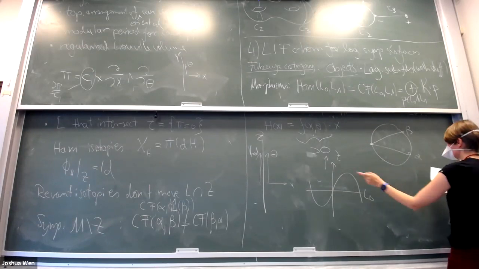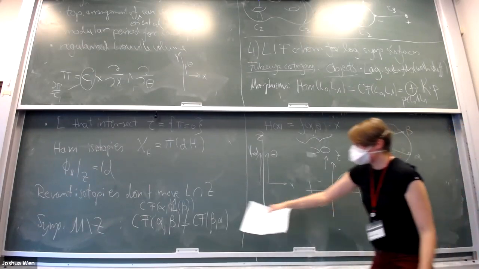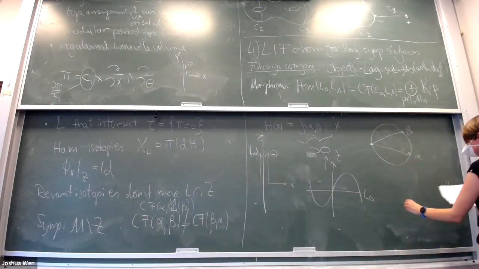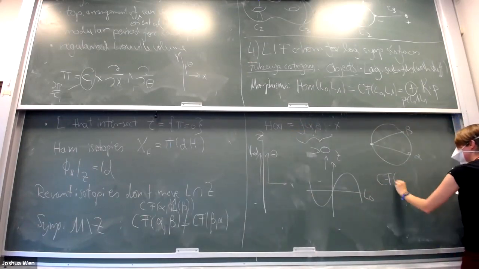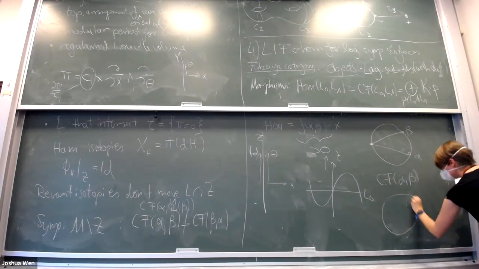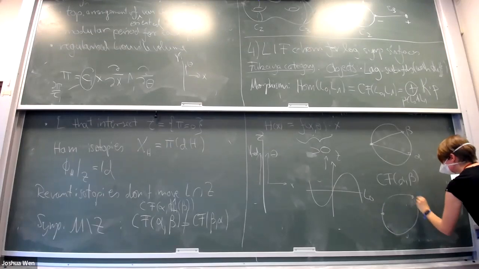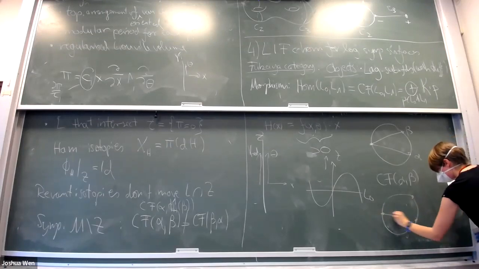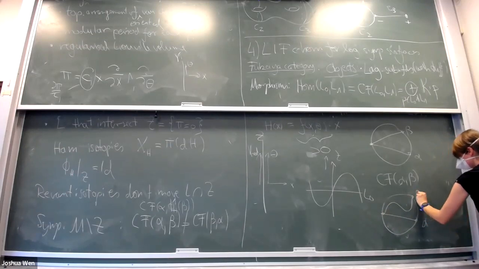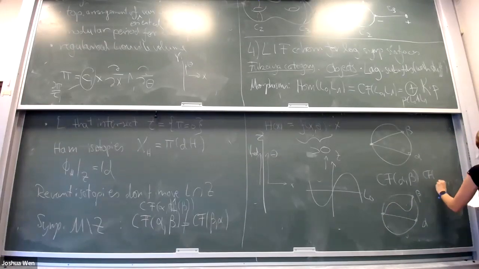According to this rule, where we always perturb the second Lagrangian with such a Hamiltonian isotopy, when we look at CF of alpha beta, what we really mean is this. Whereas for CF of beta alpha, we now perturb alpha.